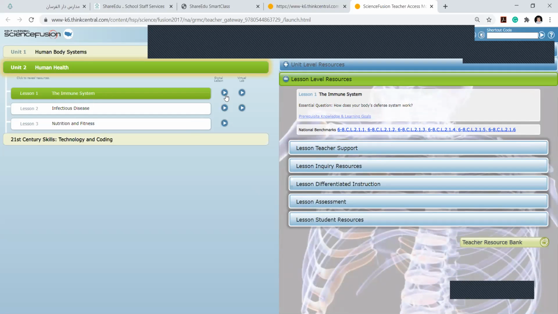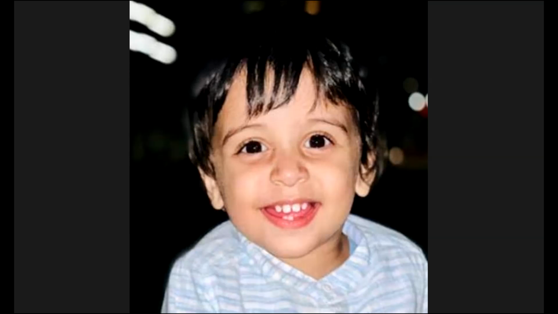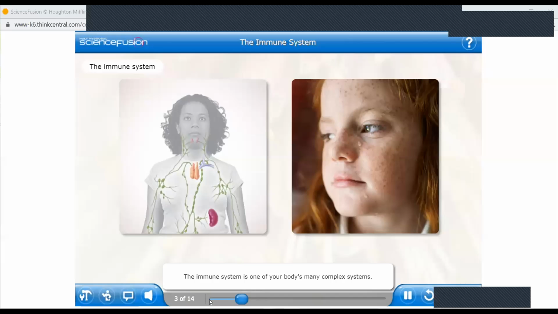Immune system, okay, yes, that was the vocabulary, very good. Pathogen, and B cell.